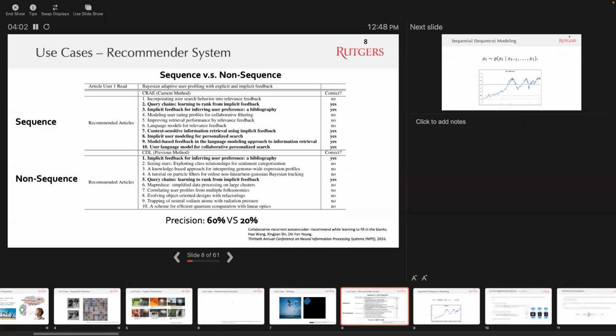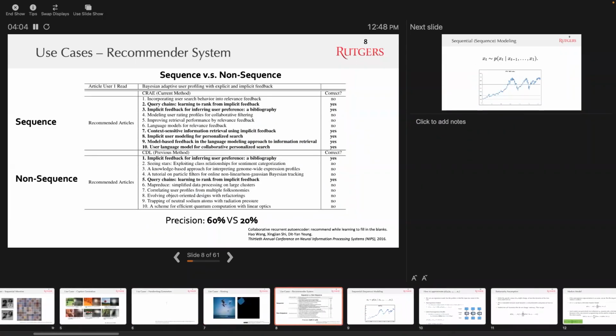And also a sequence model. And even when you think about a recommender system, when the object that you're trying to recommend is represented as a sequence, it would also be helpful to use RNN too. For example, if you recommend articles, right, if you use a sequence model to model this text, then the model will be more sensitive to the context around each word. So, for example, the same word apple might mean different things depending on the context, right?